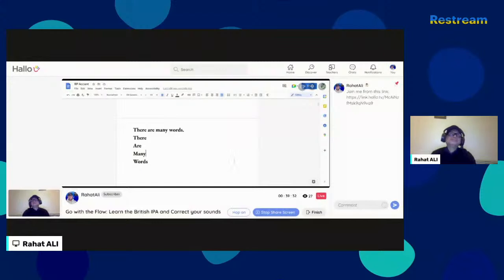Now, it is really important for an English learner to find out the vowel and consonant sounds, which are the very basic two sounds.